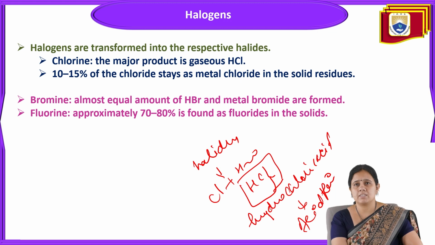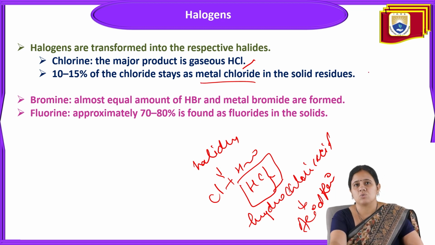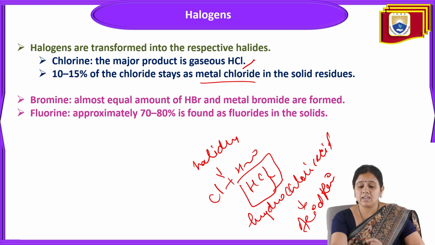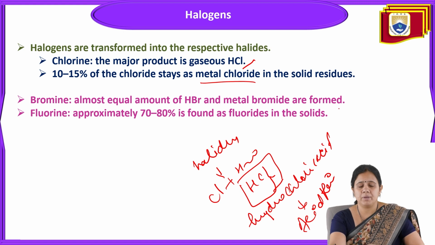Chlorine is the major product as gaseous HCl, and 10 to 15% of the chloride stays as metal chloride in the solid residue. Bromine is also a halogen, and it is almost equal to HBr, and metal bromides are formed.